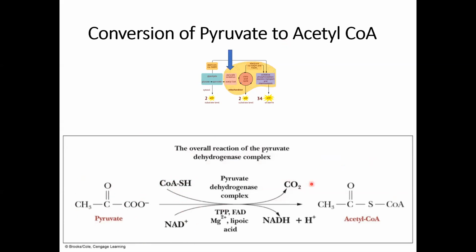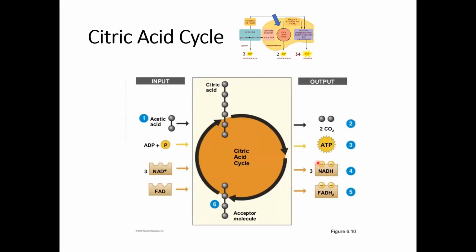A CO2 is produced and NADH. We also have a lot of cofactors that are used, TPP, FAD, magnesium, and this acid. The enzyme responsible for catalyzing this reaction is pyruvate dehydrogenase complex, and the end product is acetyl-CoA. Acetyl-CoA can now enter the citric acid cycle.